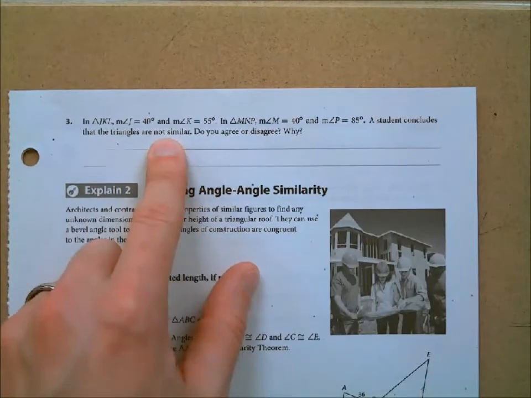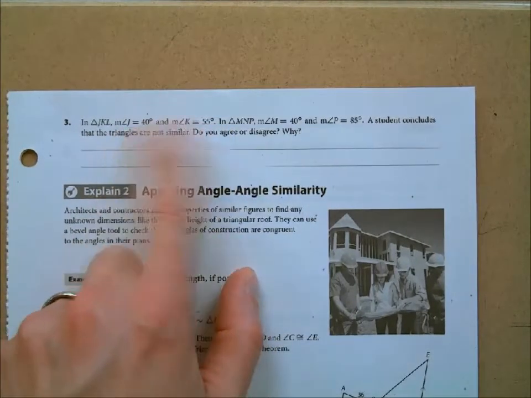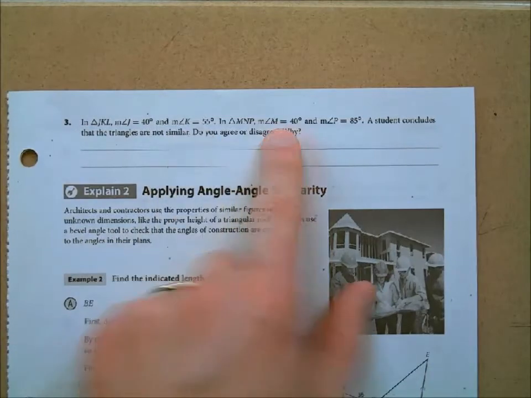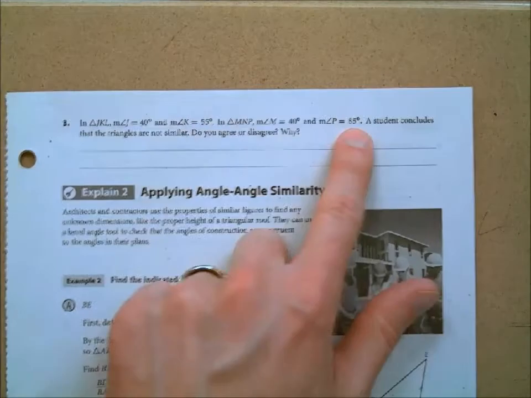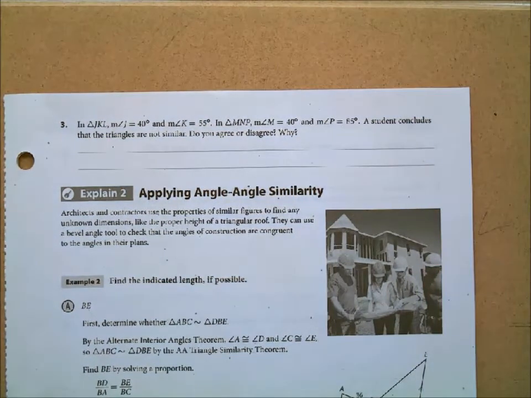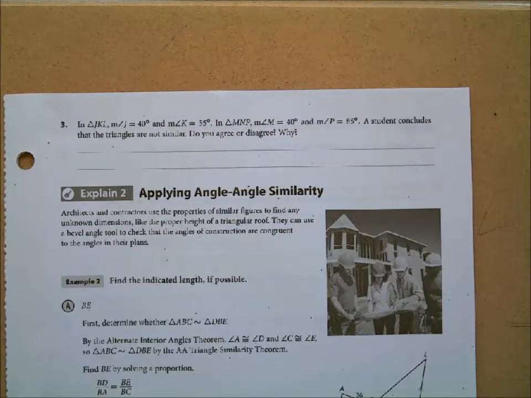If we have a 40 and 55 degree angle here, and a 40 and 85 degree angle here, we have one pair of congruent angles, but the other pair are not congruent, and so therefore we do not have angle-angle similarity. Do you agree or disagree about what that student is saying there? Is that student right, that they are not similar triangles? What do we think here?